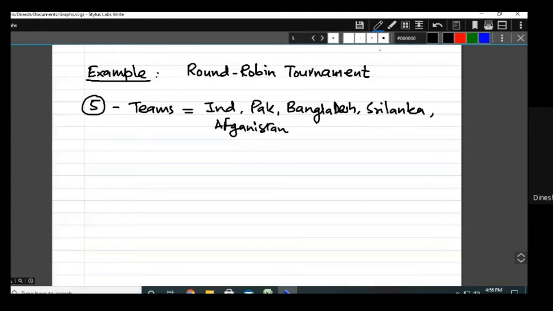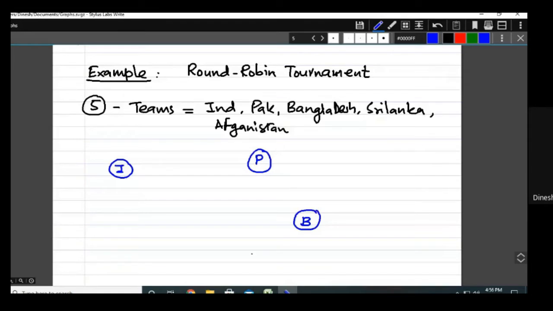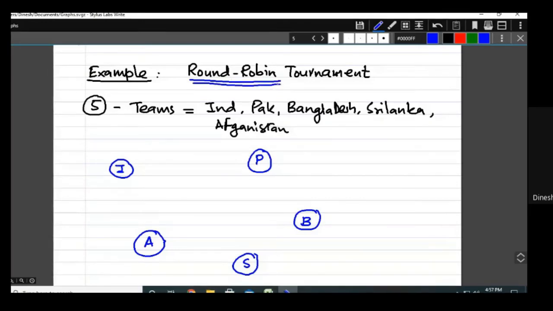Okay, so I will represent India with I, Pakistan with P, Bangladesh B, Sri Lanka S, and fortunately we have unique letters.